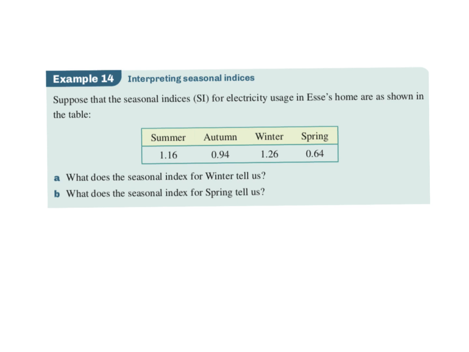Question A: what does the seasonal index for winter tell us? Winter equals 1.26, so that tells us winter is 26% above average. Her usage of electricity in winter is 26% above her average.